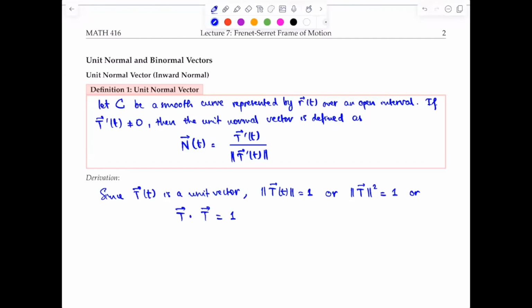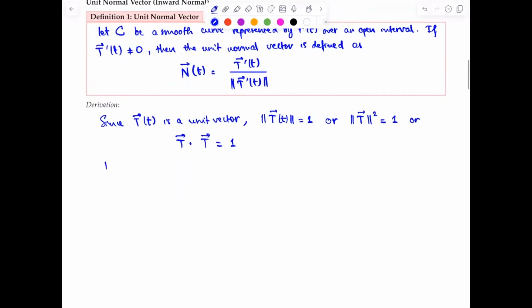That's it. Right? Now, the next step is to differentiate both sides of these equations, right? And when you differentiate the left-hand side, you use the product rule, right? So differentiate both sides of the equation.